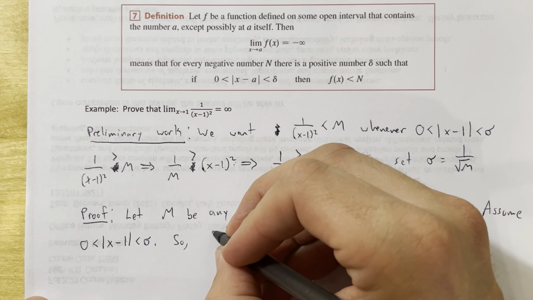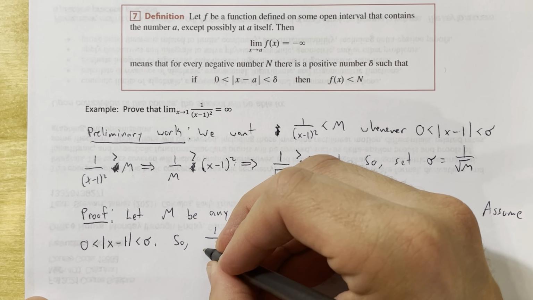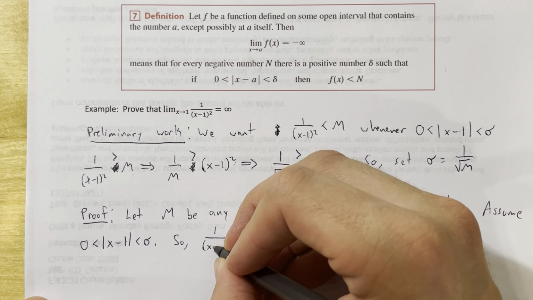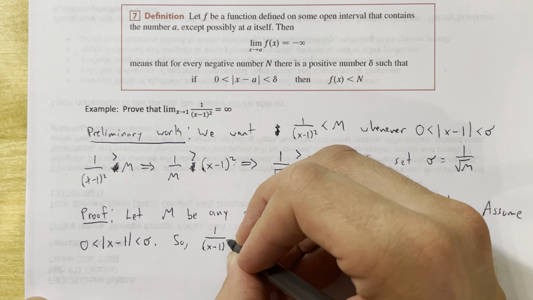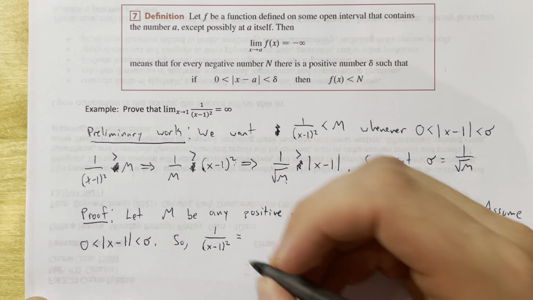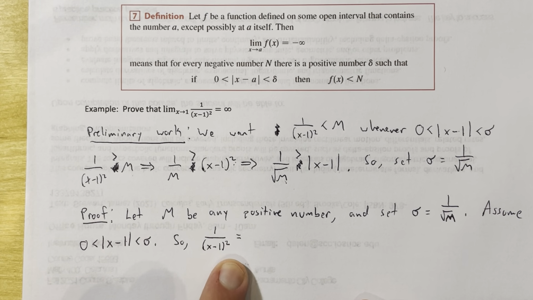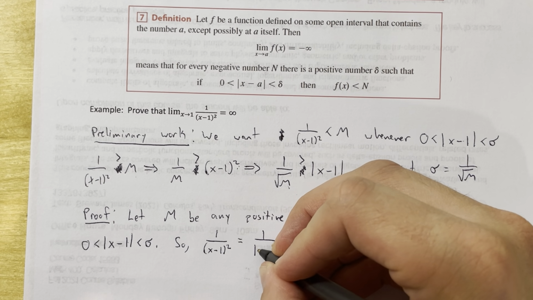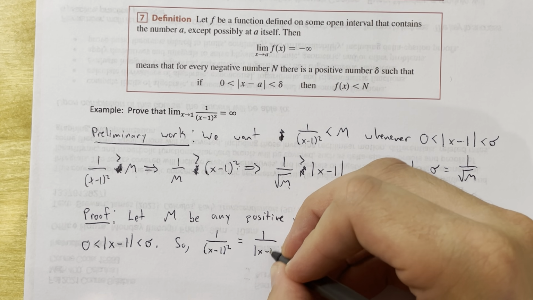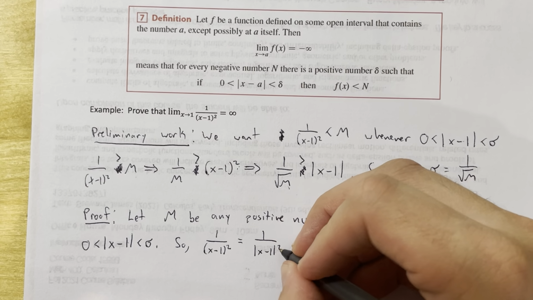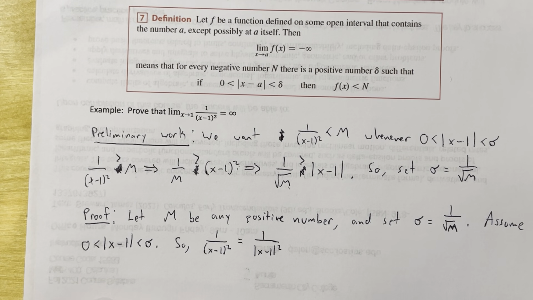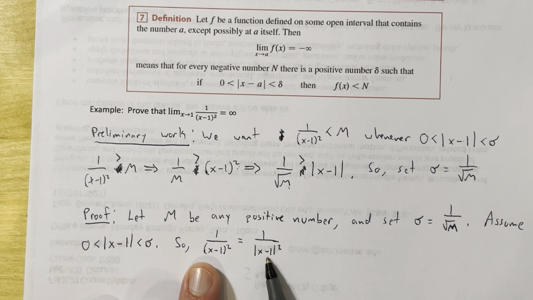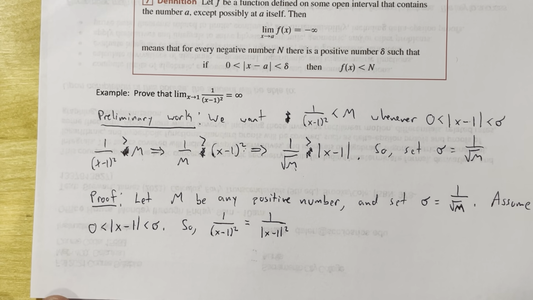So 1 over (x minus 1) squared is equal to, now (x minus 1) squared is the same thing as the absolute value of x minus 1, squared. Because in either case, the end result down here comes out positive, and it'll come out to the same positive number, so I can do that.